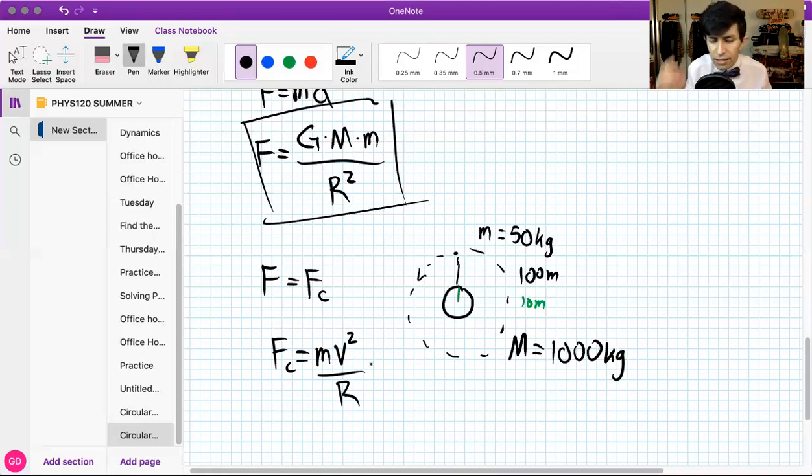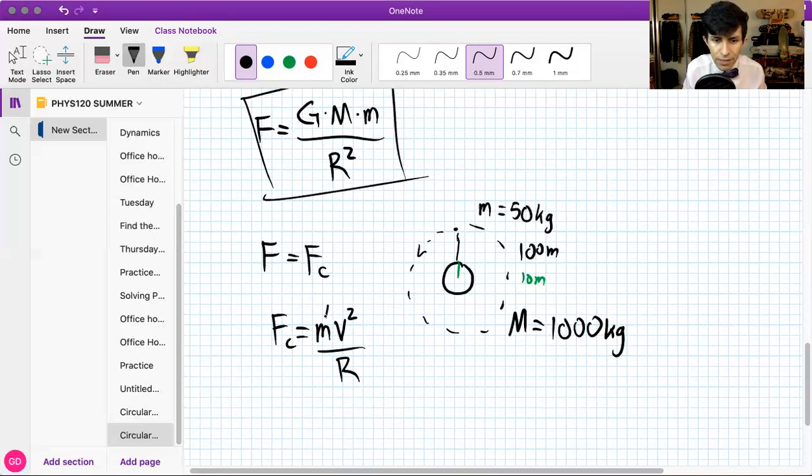It's a little m, so it represents the mass of the little object. In that case, it would be me, the person orbiting the asteroid. So we have the information for this, and we have the information for this. It's 100 meters plus 10 meters. That's the total radius of where I'm at with respect to that asteroid. And we're trying to solve for the speed.